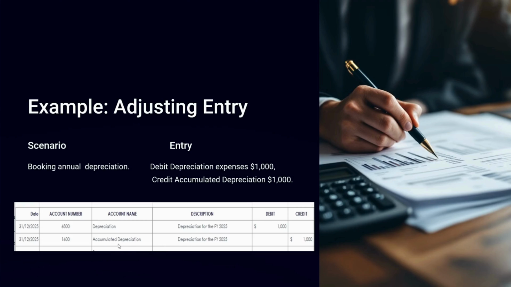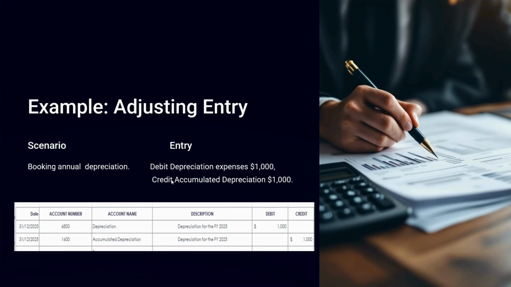Then we have accumulated depreciation, which is a balance sheet account, an asset account. Here it's included to reduce the value of our assets, so it will reduce the value of the property, plant, and equipment.